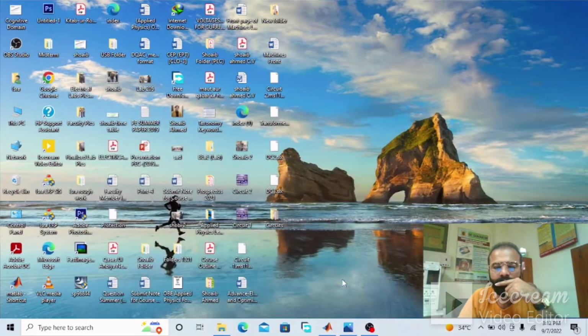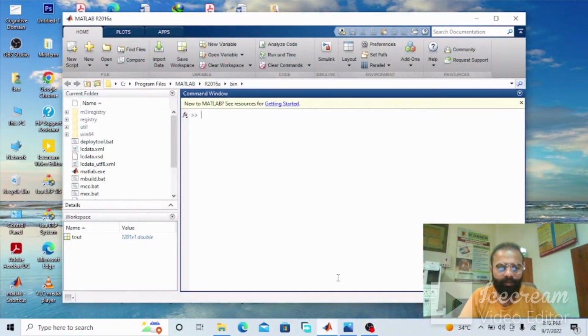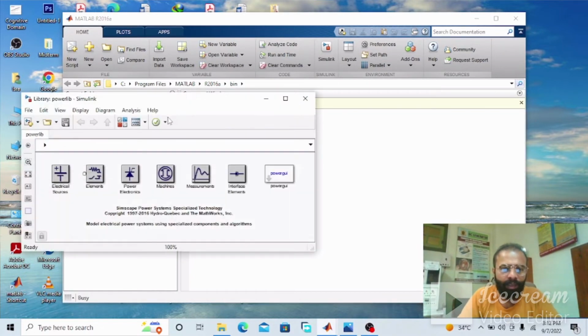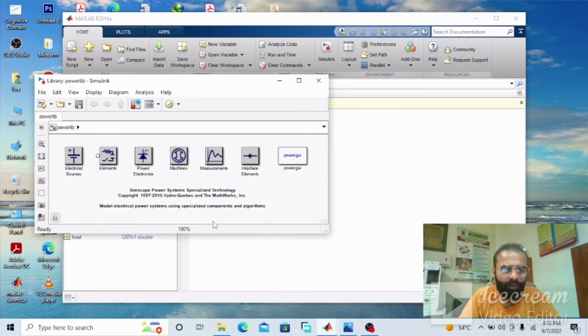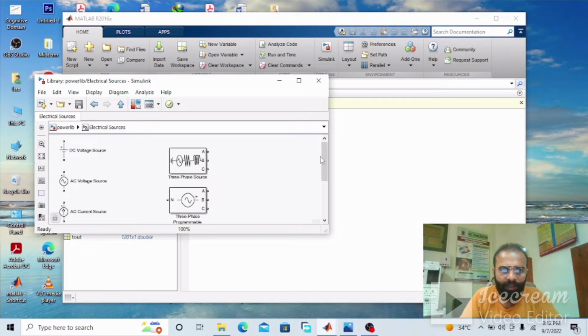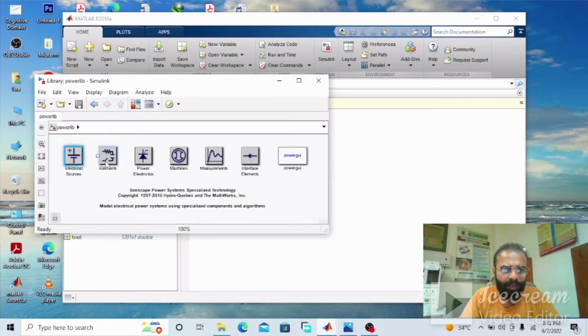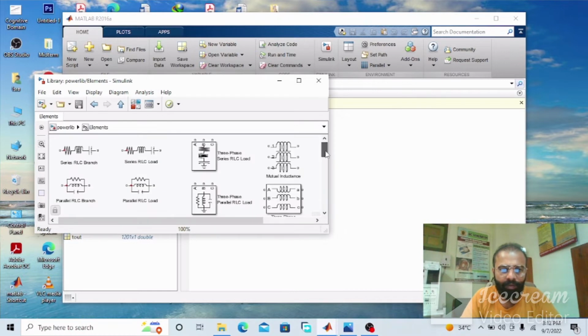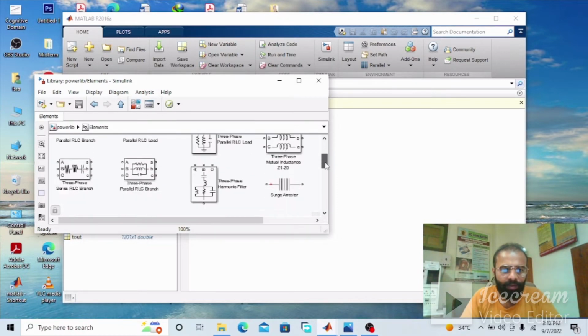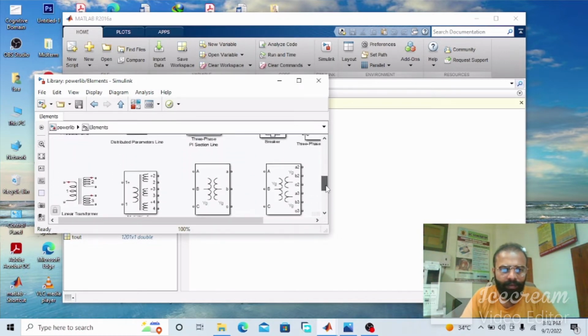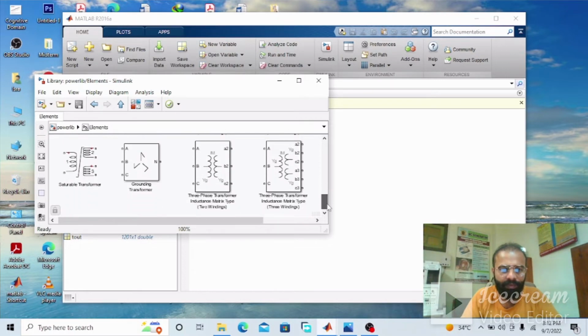Okay, now this is the MATLAB software. We go to the power lib. This is the power library, where you can find the electrical sources. The different electrical sources are available: AC voltage, DC voltage source, elements in which you can find different things, loads, and three-phase transformers, single-phase transformers.